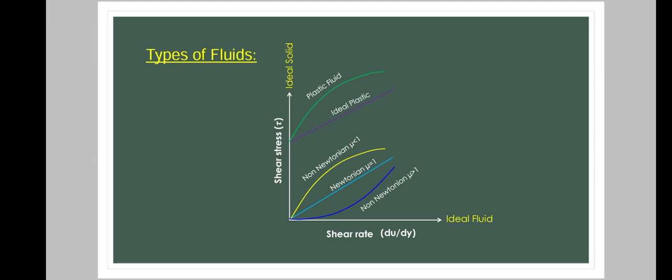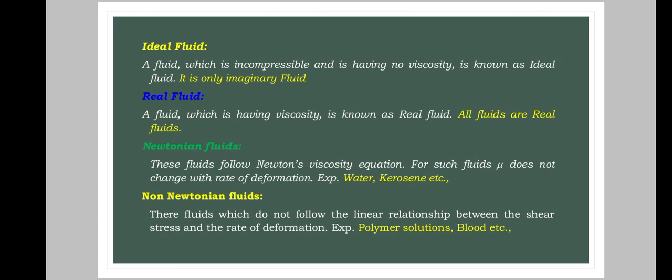And when the shear stress is increased from 0 to some certain value, it will have an ideal plastic stage and a plastic fluid stage. We will see that one by one.